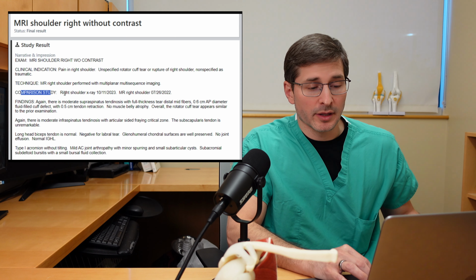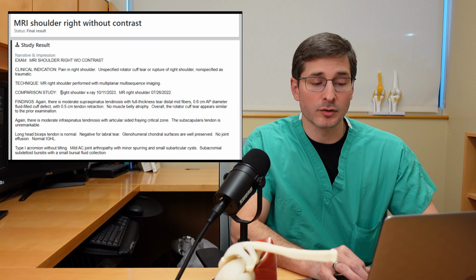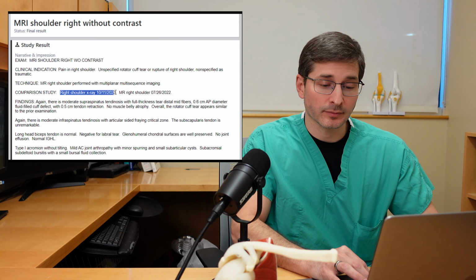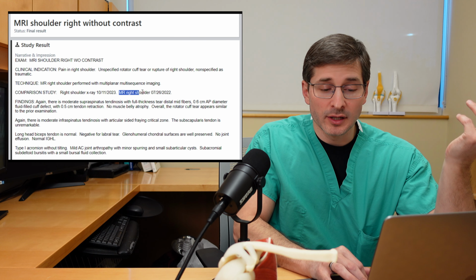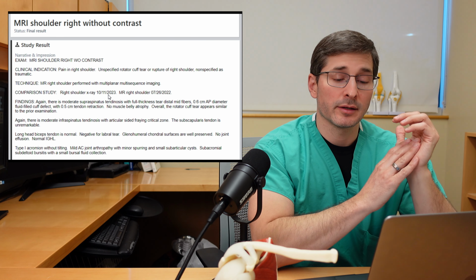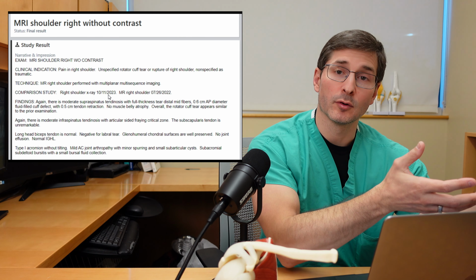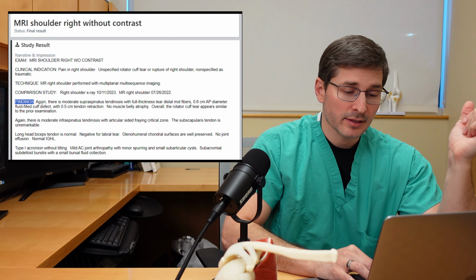In this person, they make note that they have access to comparison studies of a right shoulder regular x-ray from October 2023. And this patient actually had a right shoulder MRI in July of 2022. So this is helpful to the radiologist because it's sometimes beneficial to be able to compare a more recent study to an older study.